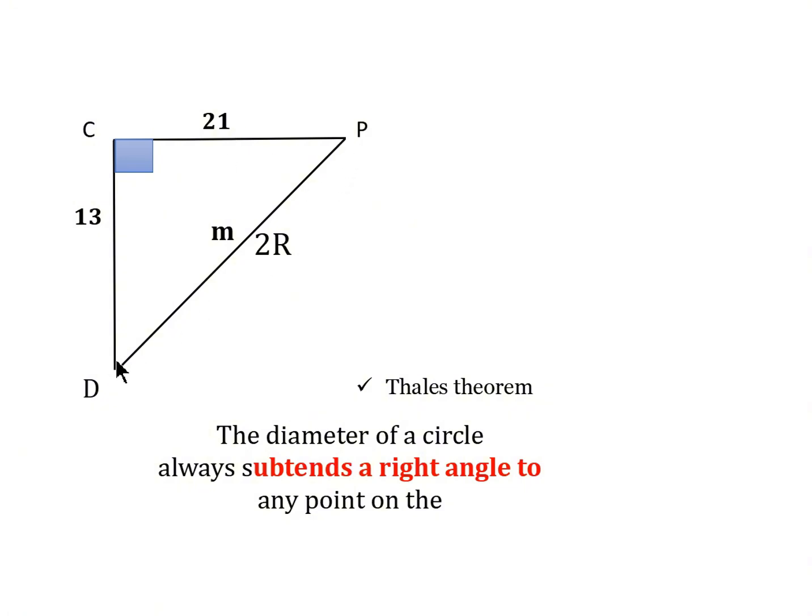So obviously PD is a diameter. It always subtends a right angle at any point. It means that if this is the diameter, it always subtends a right angle at any point on the circle. Here is the animation. You can see at any point it subtends a right angle, right?